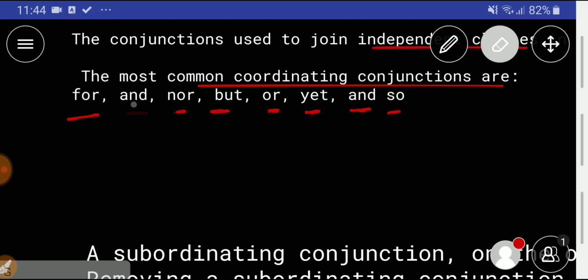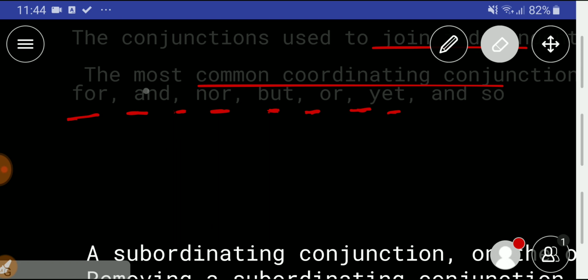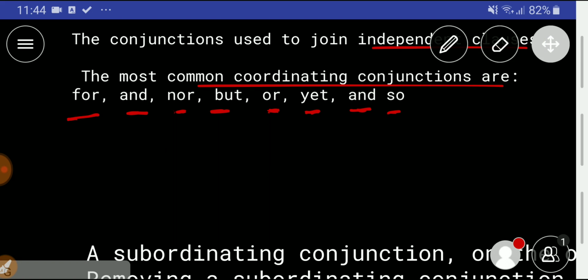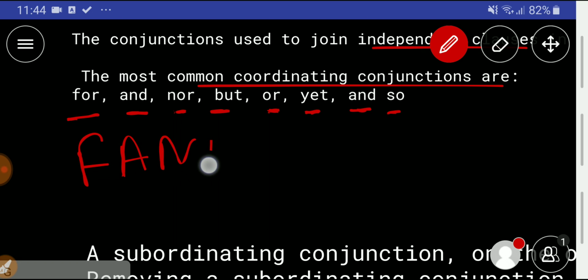Now my question to you: can you remember these coordinating conjunctions? By observing them, you can identify a compound sentence. There is a technique to remember them: FANBOYS.